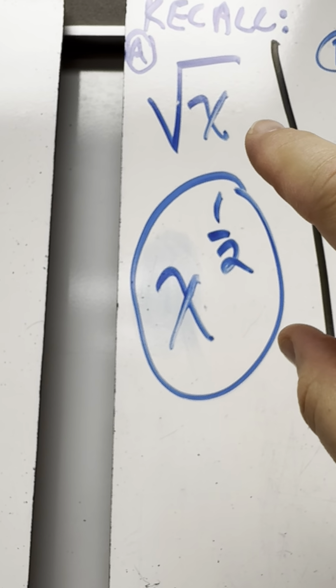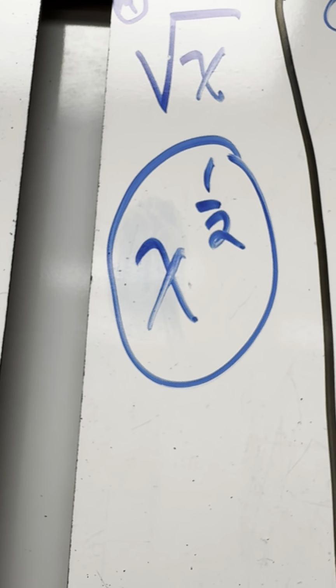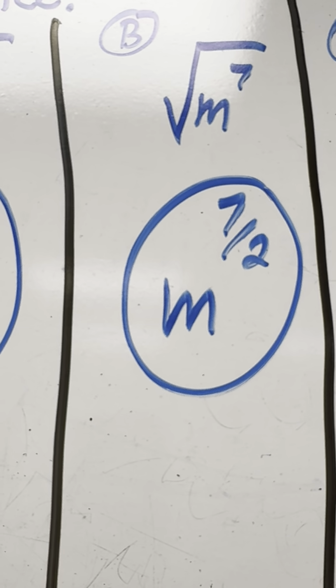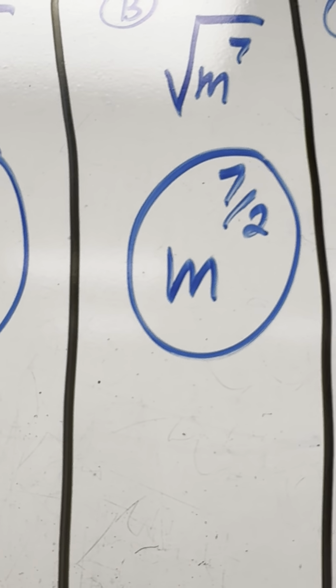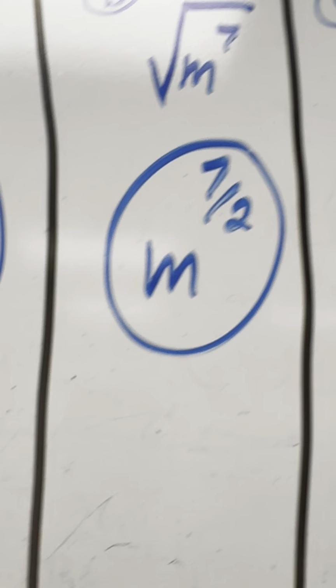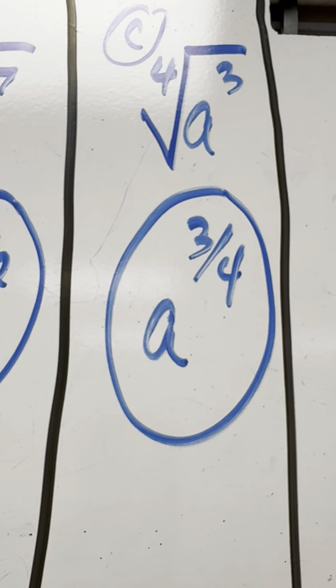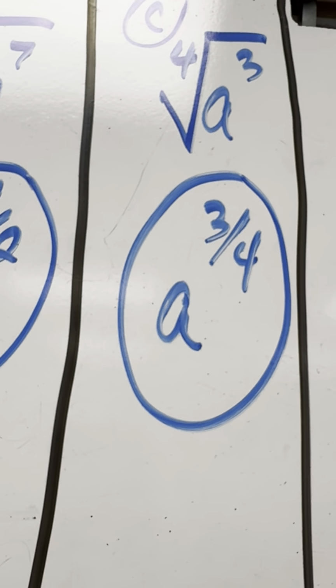The square root is the same as saying x to the 1/2 power. The square root of m to the 7th is the same as saying m to the 7/2. The 4th root of a to the 3rd is the same as saying a to the 3/4.